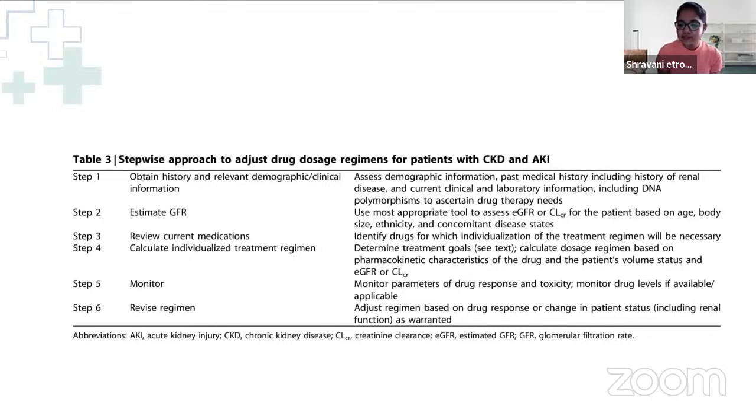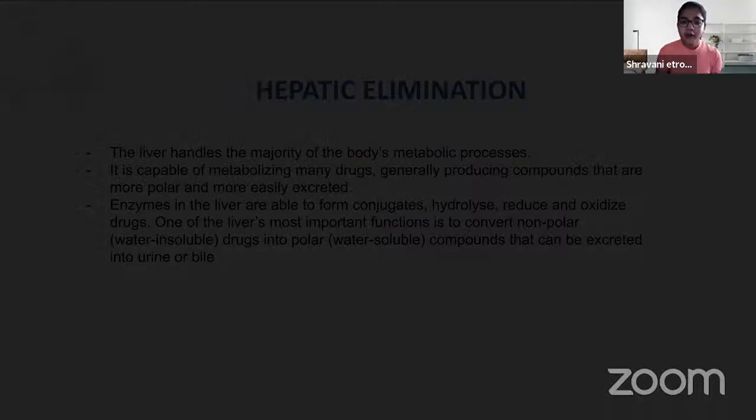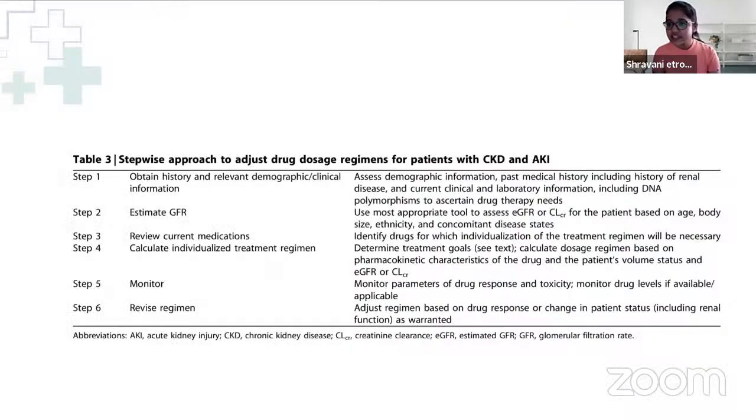Monitor the parameters for drug response and toxicity, and also monitor the drug levels if available. And revise the regimen. Adjust the regimen based on the drug response and change in patient status as warranted. So this is just brief information regarding the dosage adjustment of drugs in case of AKI and CKD patients. You'll learn a lot about this in the upcoming sessions.